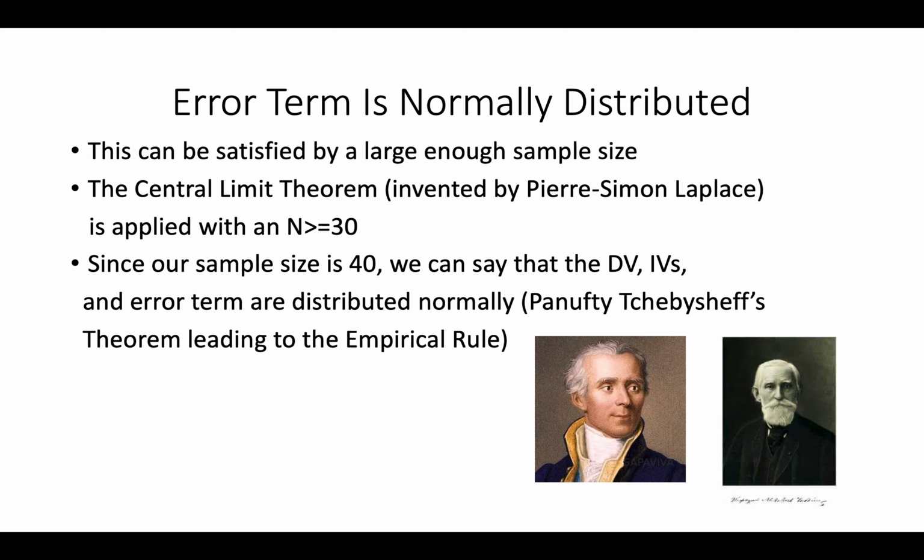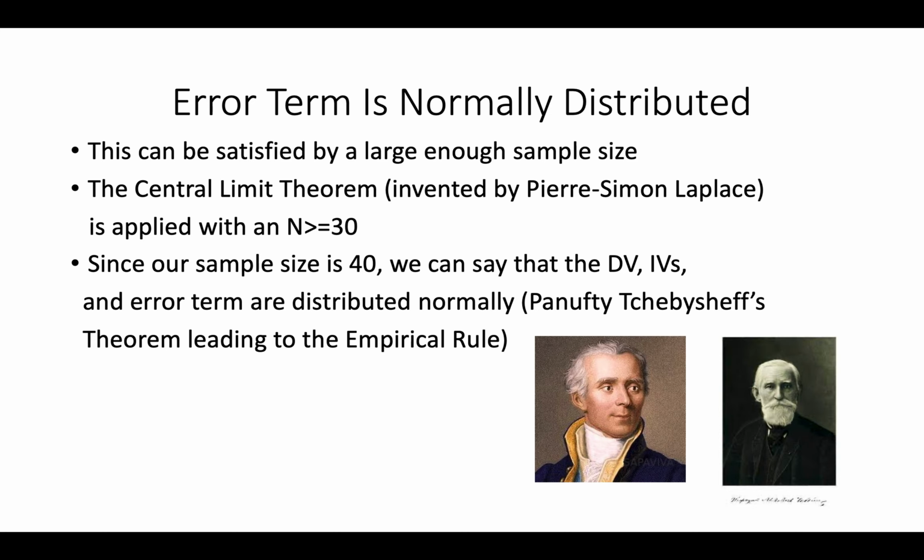Since our sample size in this example is 40, we can invoke the central limit theorem, invented by the French mathematician Pierre-Simon Laplace in the early 19th century. His picture is on the left at the bottom of the slide. We can say that our sample size is sufficient to satisfy the normality of the error term assumption.